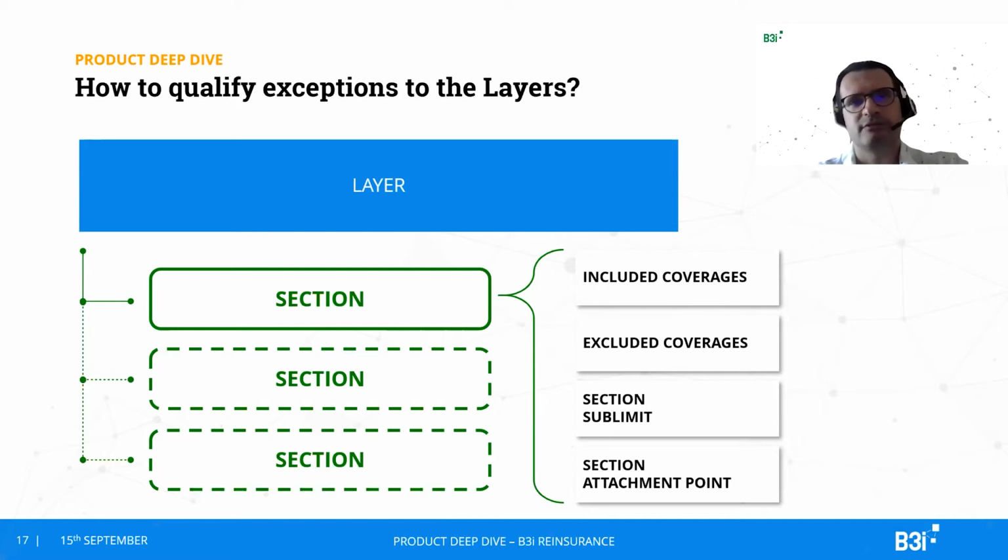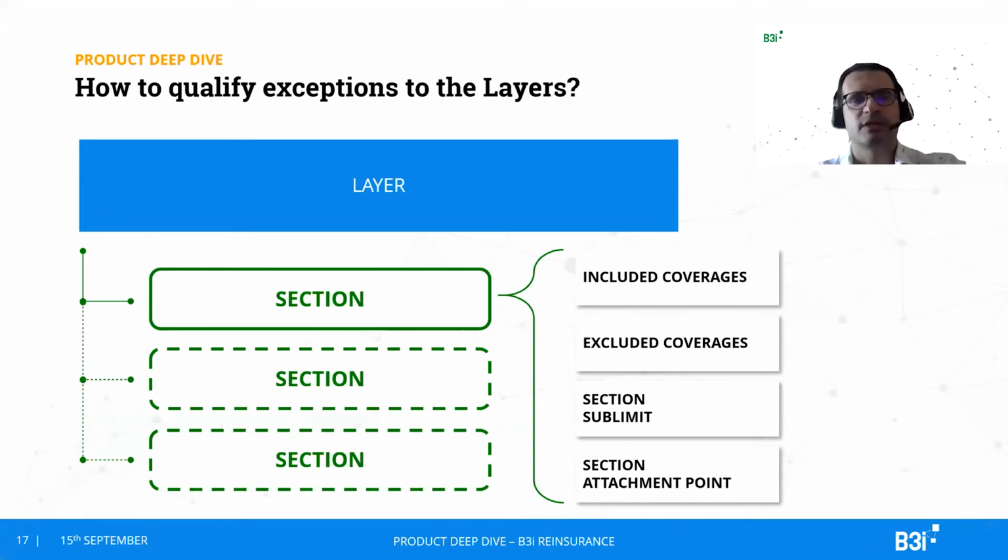And similar to the layers, you can also define for each and every section, as you can see on the right side, included coverages, excluded coverages, section limits, attachment points, etc. And what you can implement with those sections, for example, are specific terms on top of the layer. For example, you can implement something like sublimits.